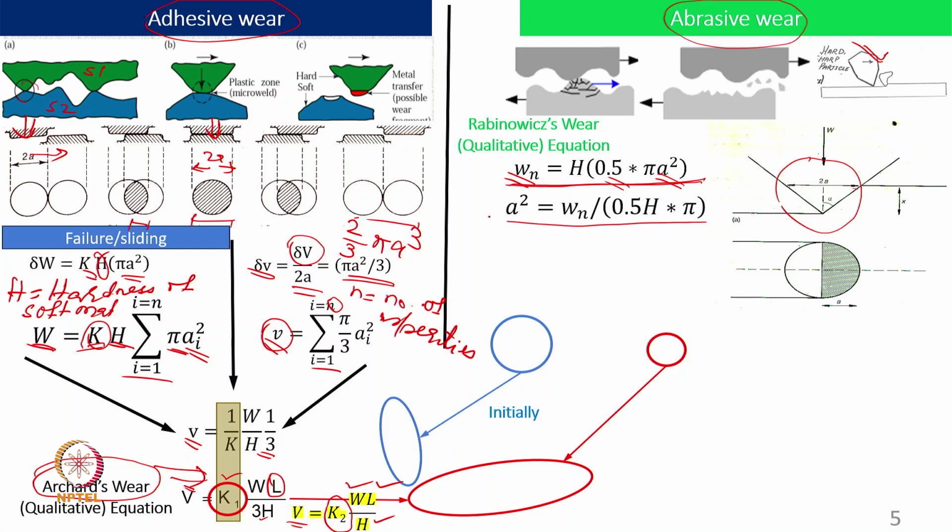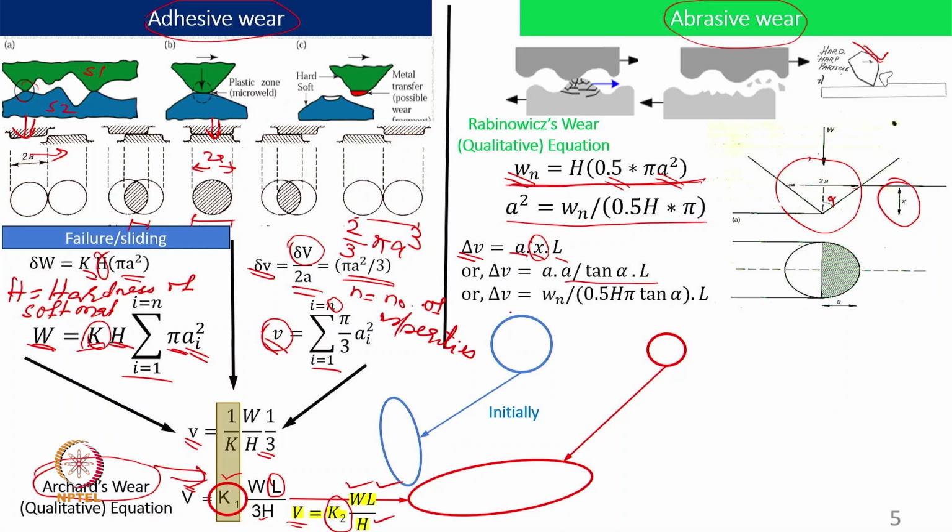So normal load can be rearranged, because we do not know a exactly, and we will bring in the wear volume equation. Here it will be the projected area into sliding distance X, particularly this can be given in terms of a and alpha. Alpha is half of the cone angle that has been given over here.